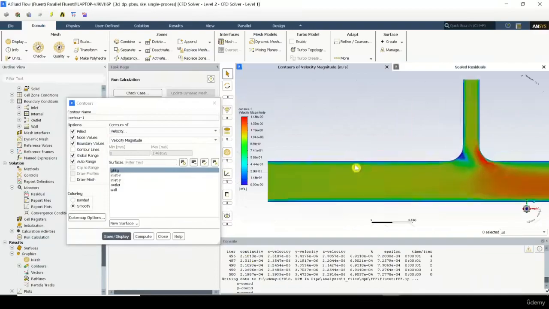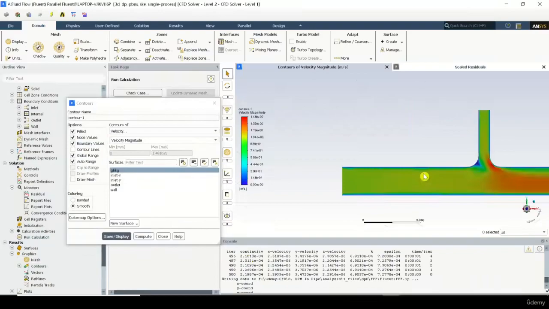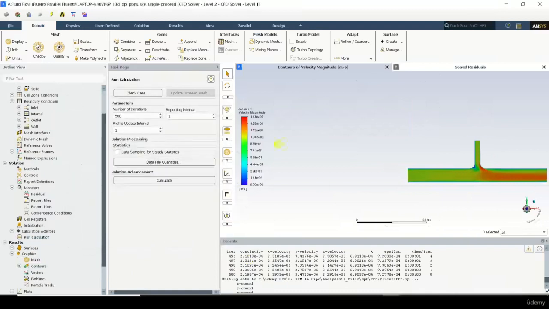We haven't been bothered about the inflation layers as well. The main objective is to understand the concepts. Yes, that is a good point. We have to consider y plus values, and we have to maintain the inflation layers in such a way that the range of y plus lies between 30 to 300 if we are planning to use the wall functions.